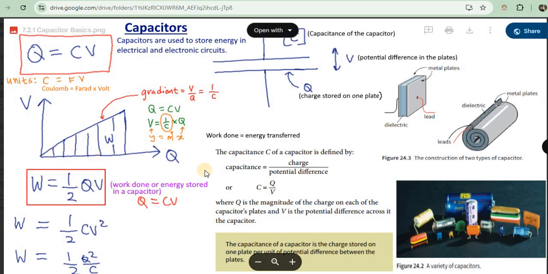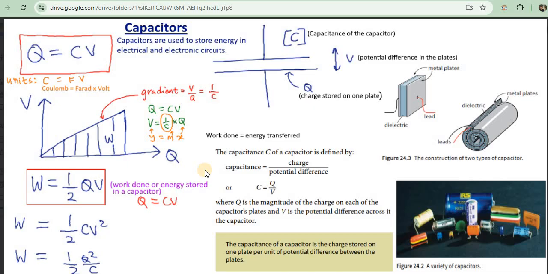Now you remember, it's similar to the graph of a spring that obeys Hooke's law. F is equal to Kx was the equation there. When you plotted that, you had a shape like this, and remember we said that the area under that graph is the energy stored in the spring or the work done on the spring.